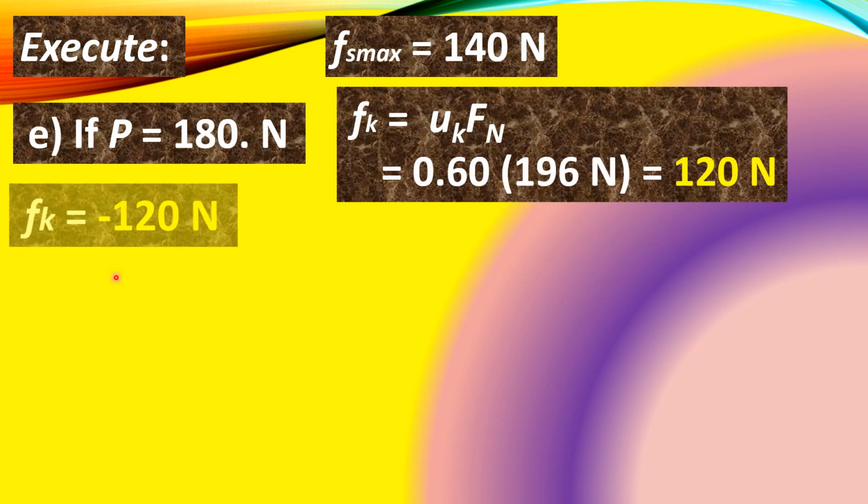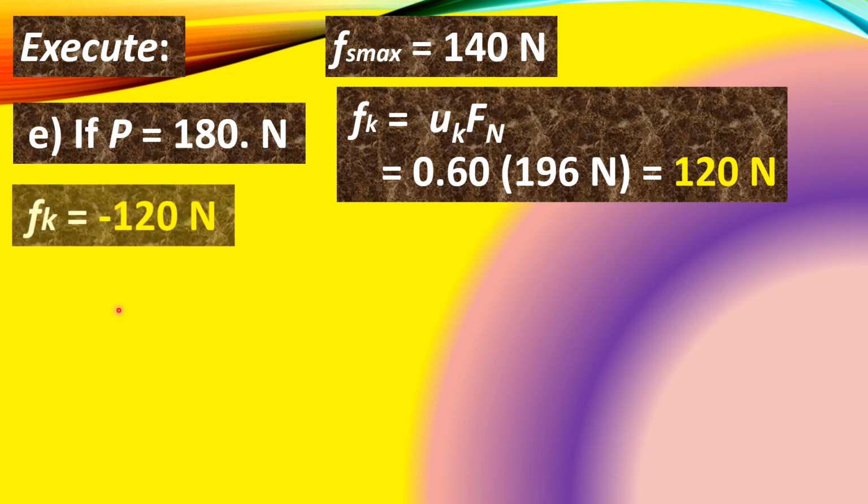And why is it equal to 120 newtons? Because if you calculate the kinetic friction F sub k, whose formula is the product of the coefficient of kinetic friction and the normal force F sub n, when we multiply 0.60 and 196 newtons, we will get the product equal to 120 newtons in two significant figures.